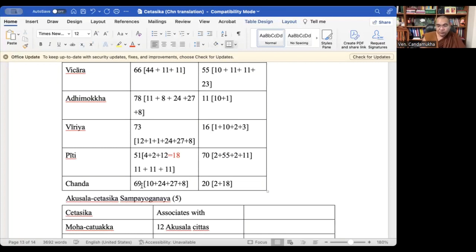One thing we can learn from here is about Moha Mula Citta. When we are doubtful, then surely we cannot have any desire. Also when our mind is restless, wavering, then there is no desire, no Chanda. In other cases, Chanda associates with Lobha. If we are greedy, there is Chanda.